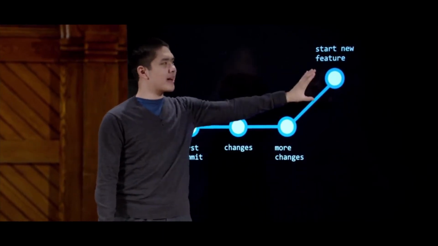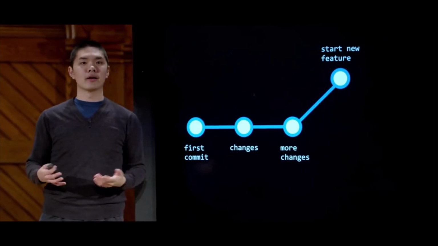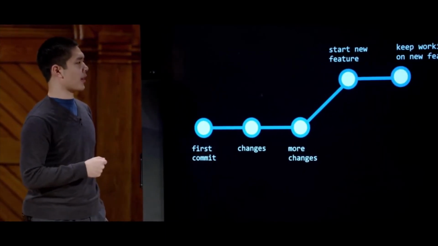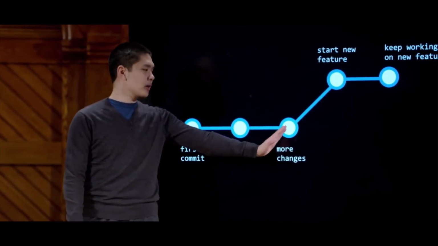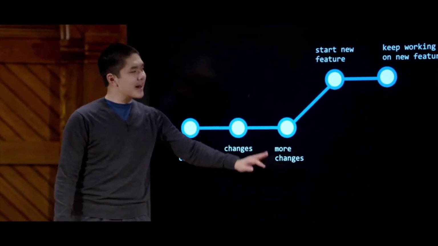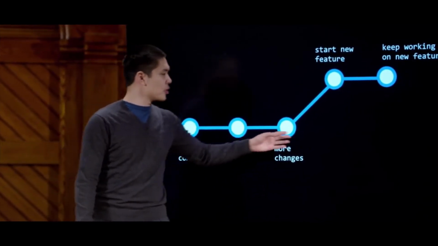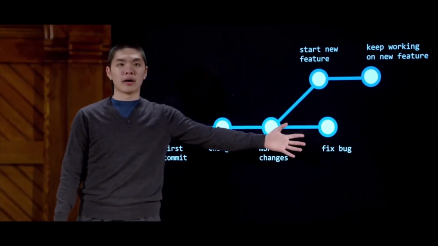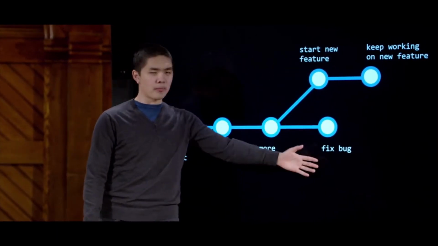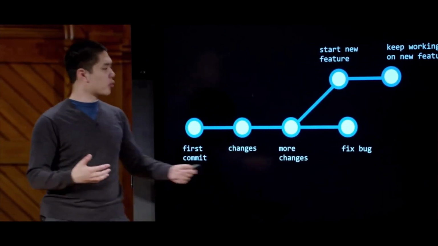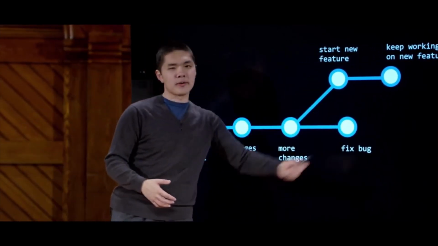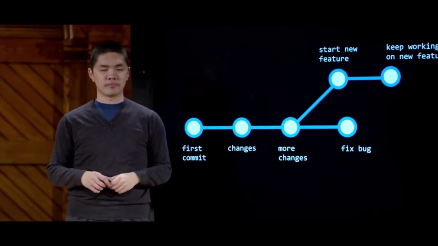Let's create a new branch and start working on a new feature there, and then keep working on that new feature there. And if I realize later on down the road that there was a bug way back at this commit, then I can go back to this commit and create a new branch where I go ahead and fix that bug. And now I have two different branches, each of which might have different code on it, one of which I've been fixing a bug on, one of which I've been working on a new feature on, for example.